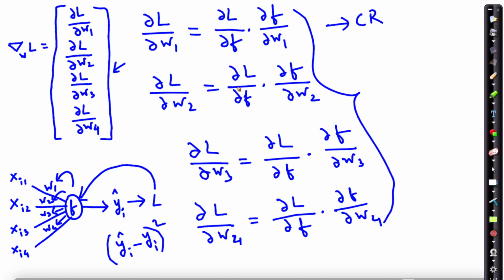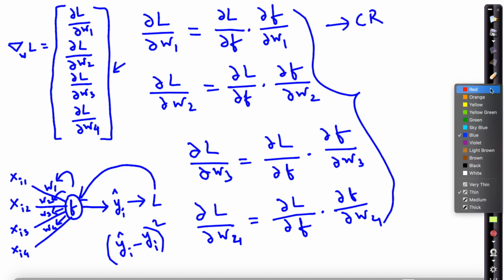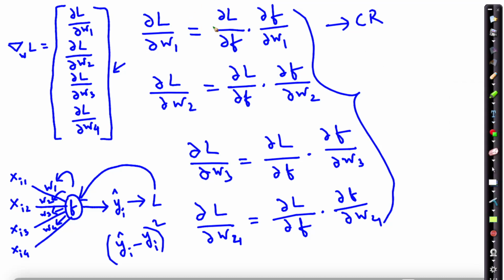We can find them using these formulas, using these derivatives. Now the next question is very simple: how do we find these components? We broke this component into two components. Now we need to find these two components. If we can find this out, we can do the same for all four. Let us see how we can do it.